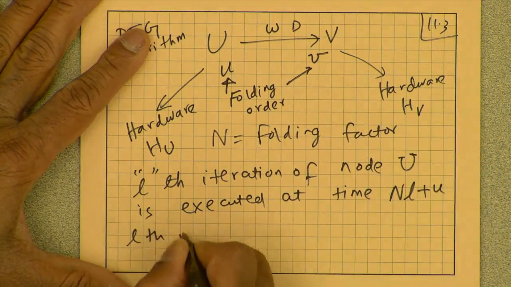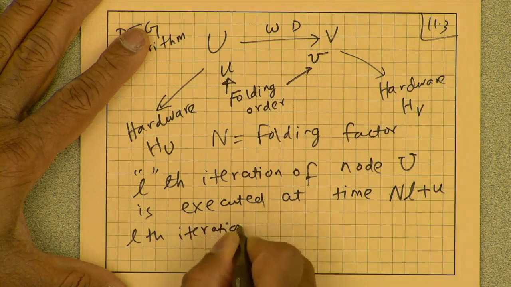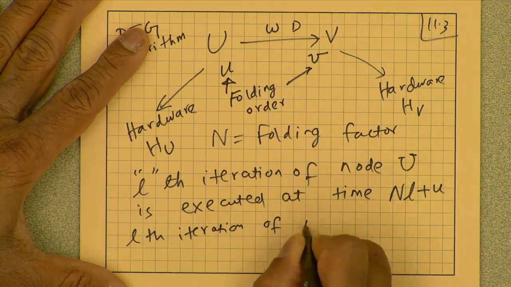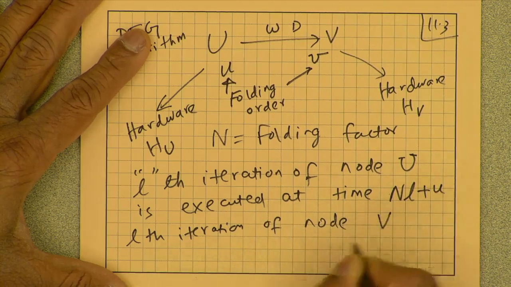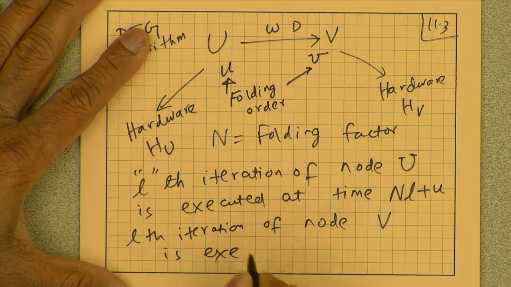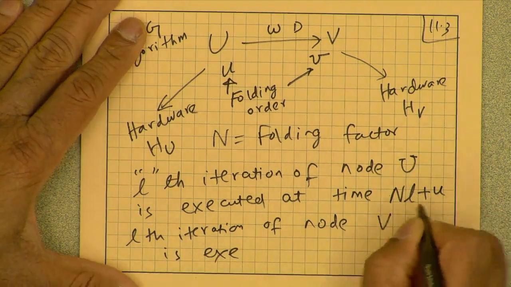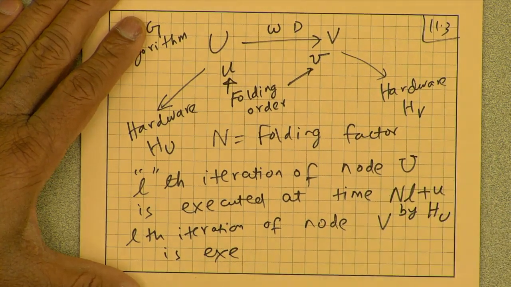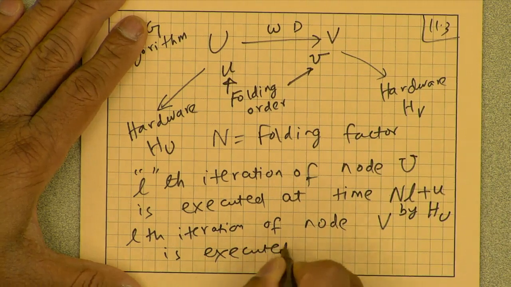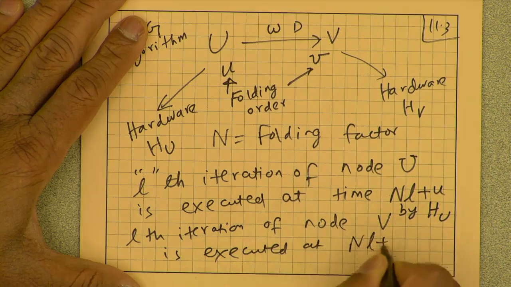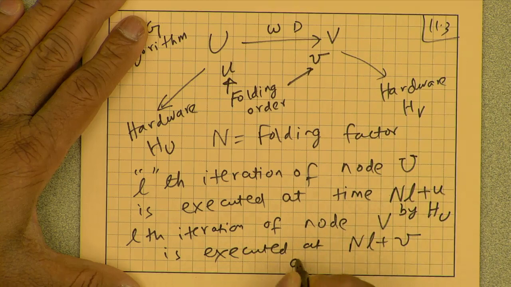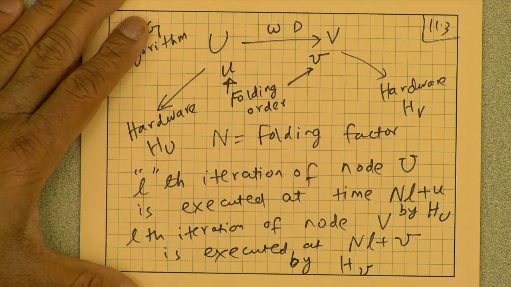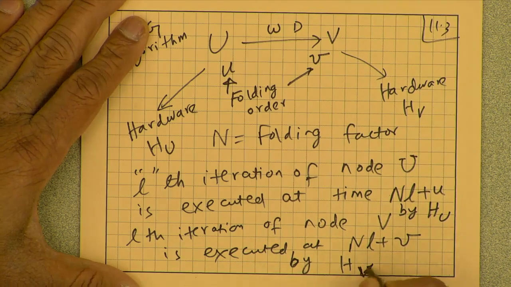The nth iteration of V is similarly executed by the functional unit HV at n times L plus v.